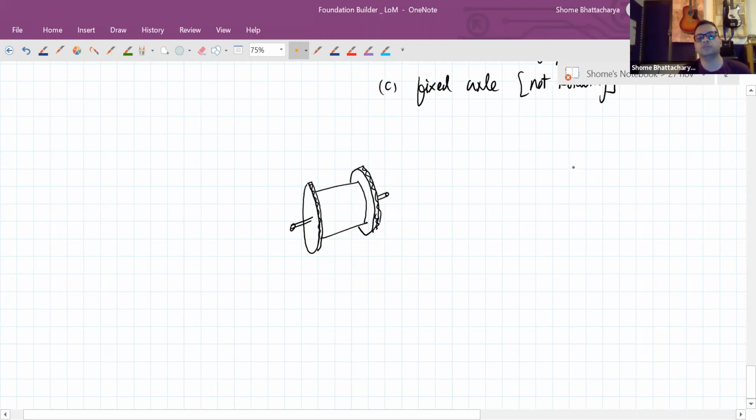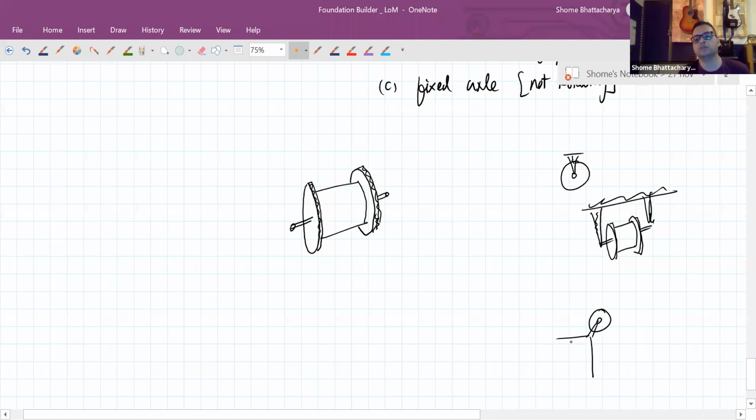So for example, we had this thing, the pulley was attached at the ceiling. So three-dimensionally, this would look something like this. The axle of the pulley is attached like this to some ceiling. Or we had a pulley attached to the corner of a table like this.